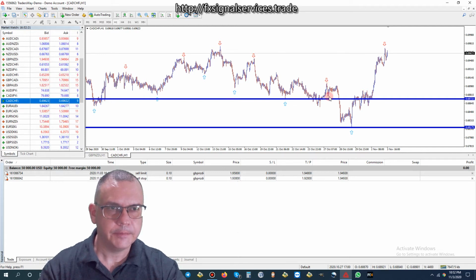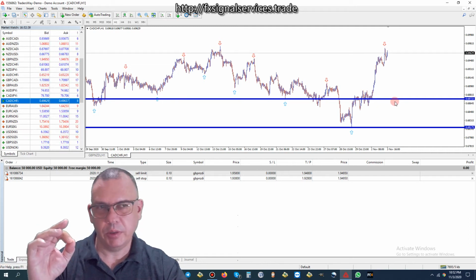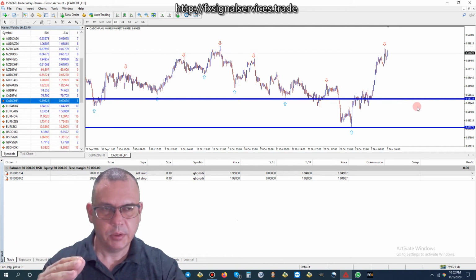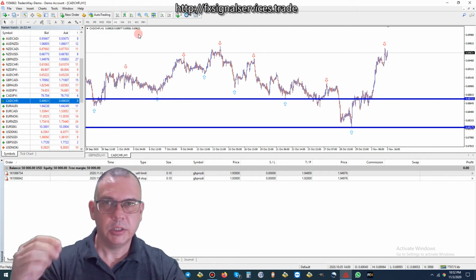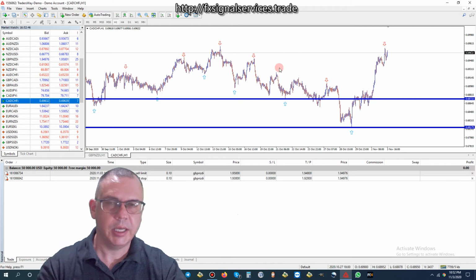I see in the past there was kind of a support here, so it could drop down to here. I don't know, but let's just go with that. There's a chance, probably a small chance, that the price will drop down in this range. So what I'm going to do is put a buy limit slightly above this line.